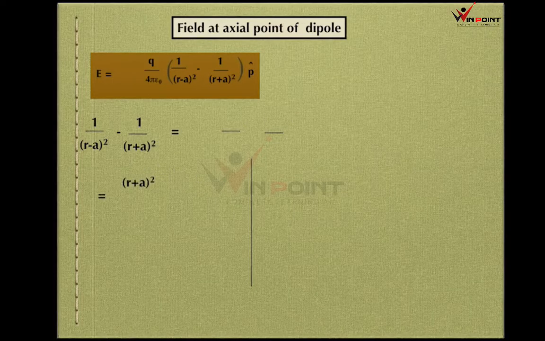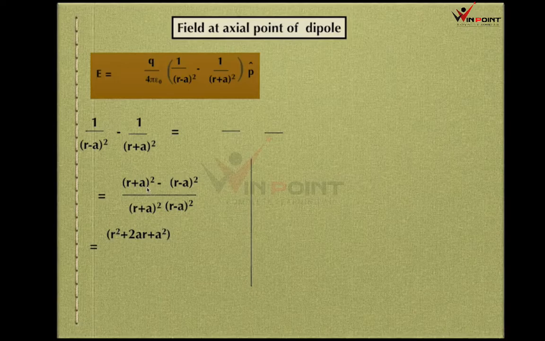So we can write (r plus a) whole square minus (r minus a) whole square, all divided by (r plus a) whole square into (r minus a) whole square. Here we are doing the cross multiplication, and the denominator will be the multiplication of these two denominators.